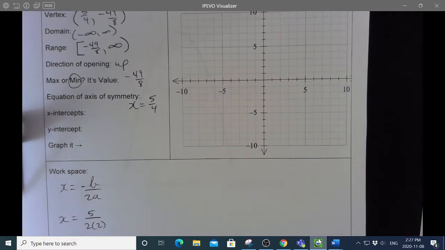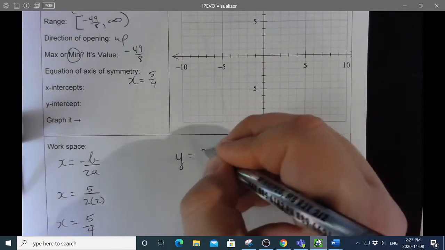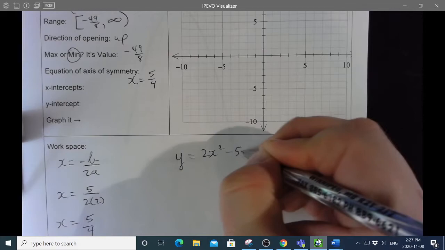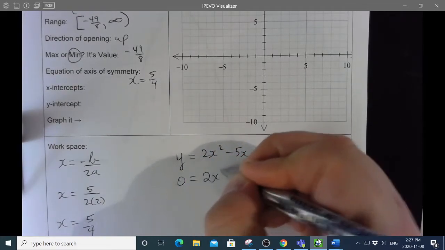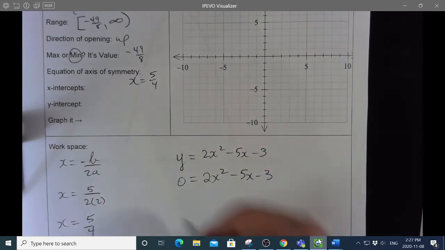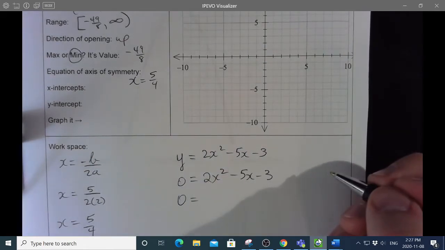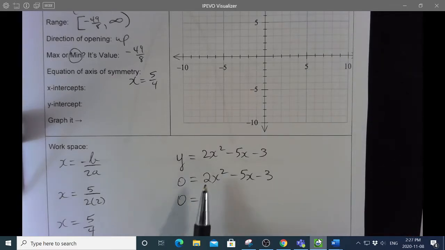So x-intercepts are what happens when I take my equation and set y to be 0, because 0 for y is where the x-intercepts are. So I'm going to factor this thing. I could do this by decomposition, but I can kind of see this one. 2 times 3 is 6, and 6 minus 1 is 5.